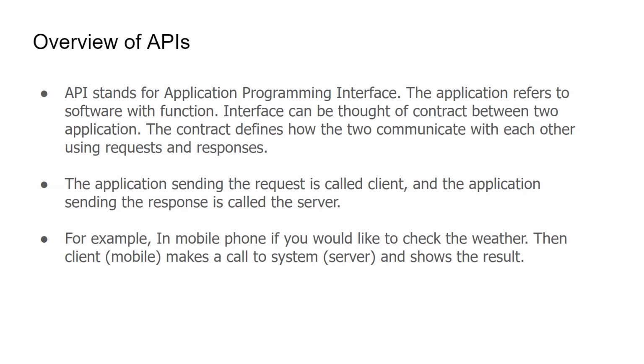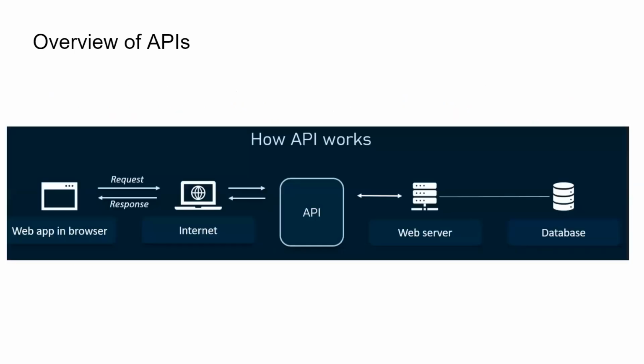Basically, people use it for getting data from different systems and showing the response back to the customer or even for further processing. So that's the overview of API. Just to show it in a diagrammatic way, you have a browser, and your request is sent to the server, which checks the database and returns the response.